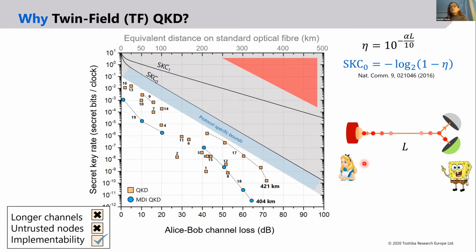So as you have fiber or free space connecting Alice and Bob, then it means that these will have a certain transmission or transmissivity, eta, and then depending on the loss coefficient of the channel, the SKC is giving you the maximum rate that you could reach at every channel loss, and also is giving you the maximum channel loss after which your photons are attenuated and hence you cannot distill a key. So with QKD, we cannot get longer channels than this, so we cannot overcome the SKC0.